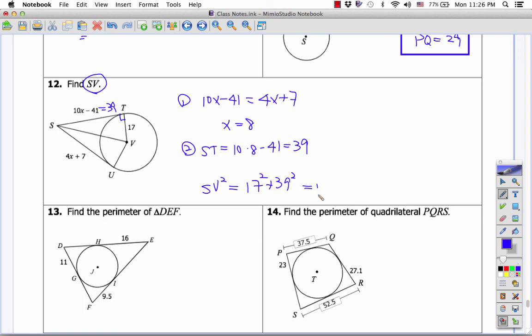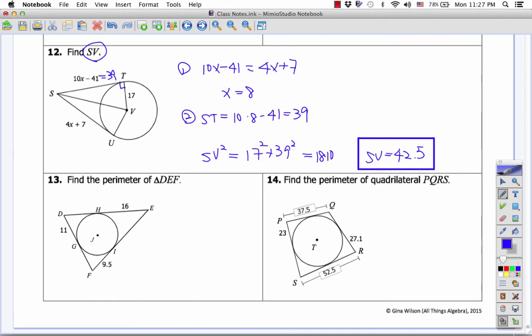And that should come out to be 1810. And if you take a square root, SV should be 42.5. So as you can tell, it's still the same thing over and over again, but it's just slightly more complex visual and sometimes slightly more complex algebra.